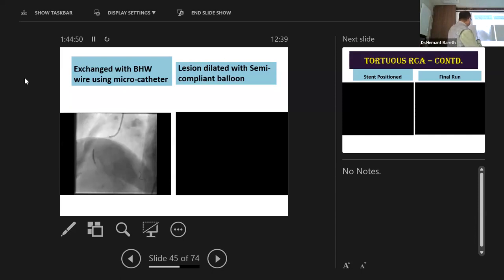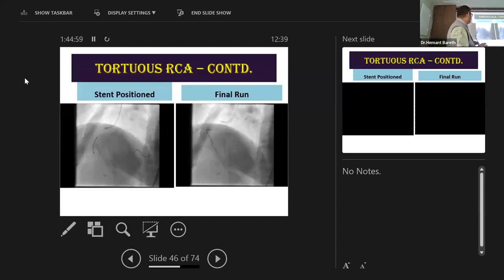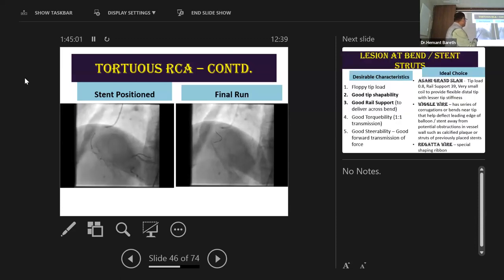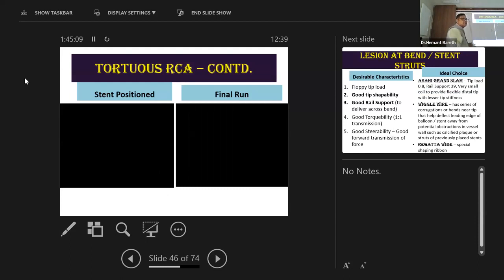And after that, it was exchanged with a balanced heavyweight wire over a microcatheter, and the lesion dilated with a semi-compliant balloon. Just understand this, and then the stent is nicely positioned, and again, the final one, and you will see that it's nicely stented.